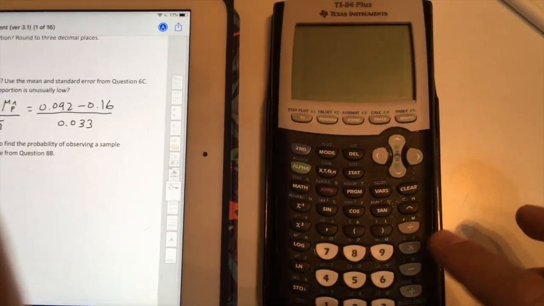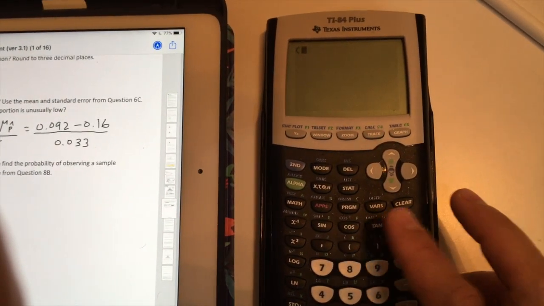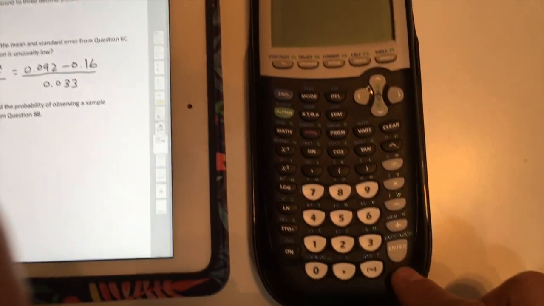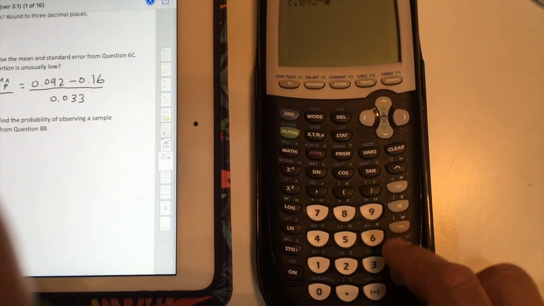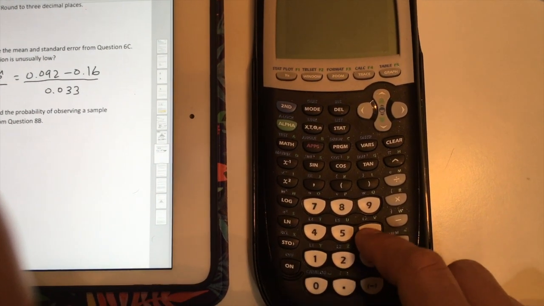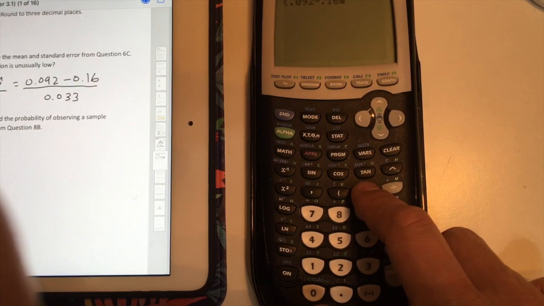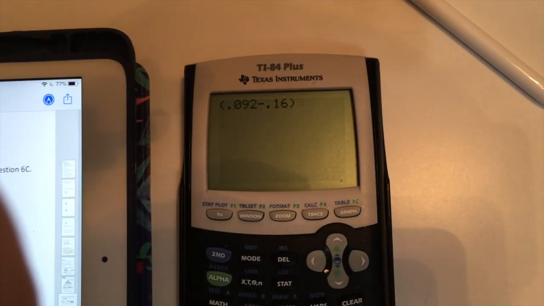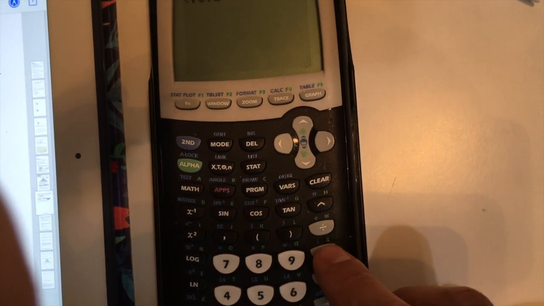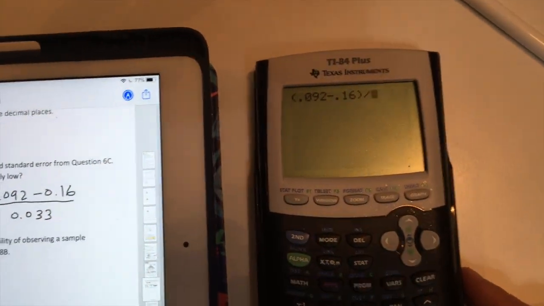I'm going to do the parentheses first, open that up, and then 0.092 minus 0.16. We close the parentheses, and then I'm going to do divided by 0.033.